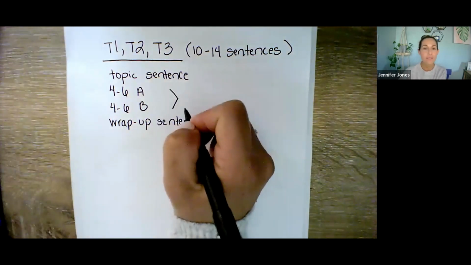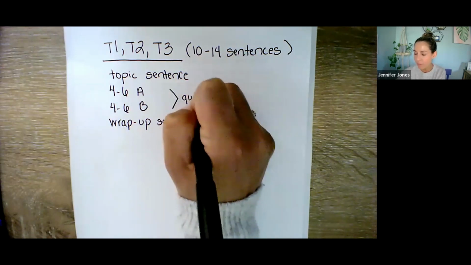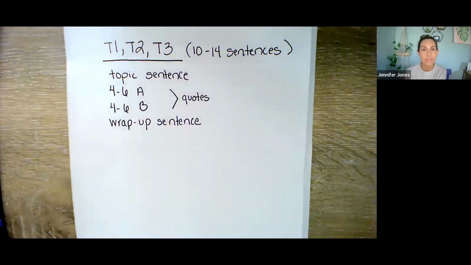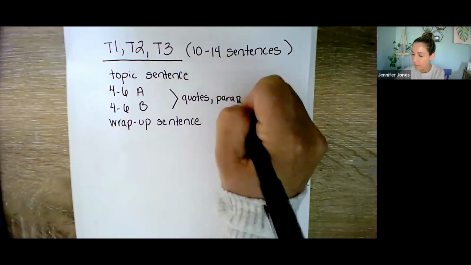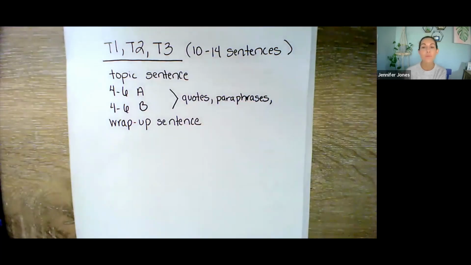So these 4 to 6 sentences for A and 4 to 6 sentences for B are either going to be quotes. That's where we copy sentences and information from the sources directly into our essay using quotation marks. Or it's going to be paraphrased evidence. That's where we're including evidence from the text, but we're going to put it in our own words. We're not just going to copy it.